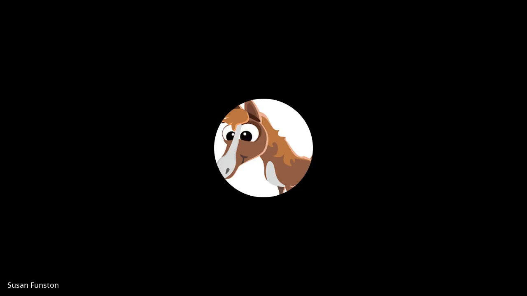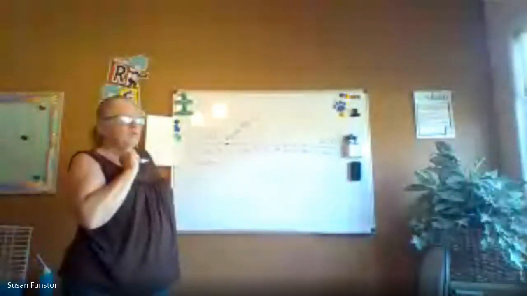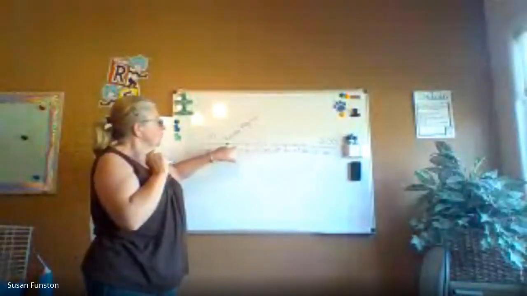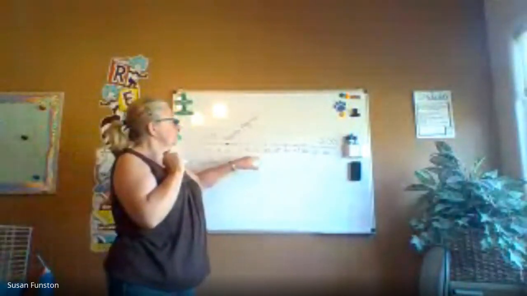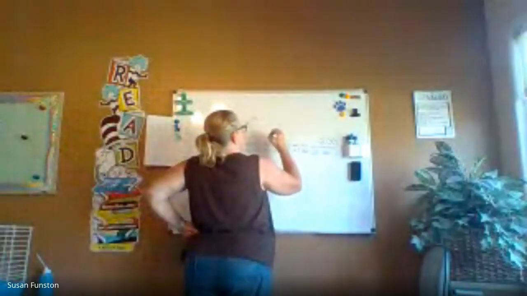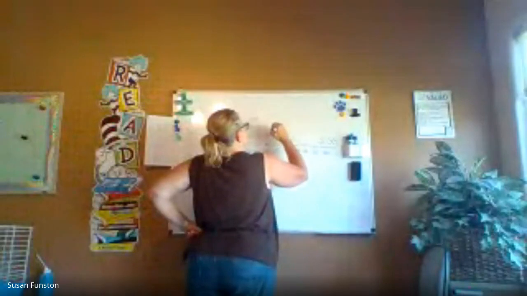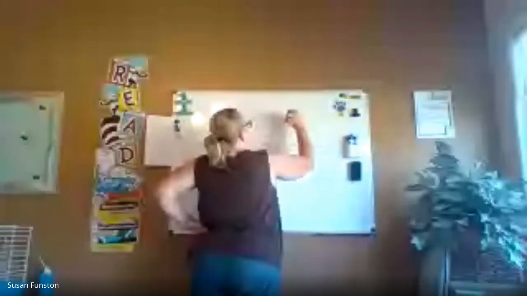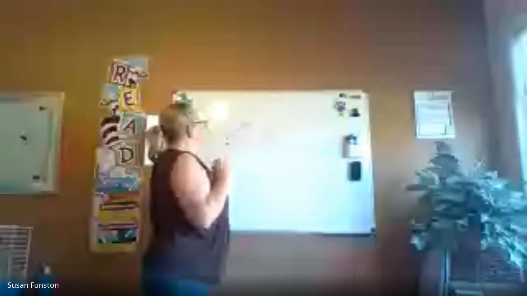Okay, and then recess is over at 1:30. So where would I show that? Here's 1:05, 1:10, 1:15, 1:20, 1:25, 1:30 is when recess ends. So recess begins and recess ends.